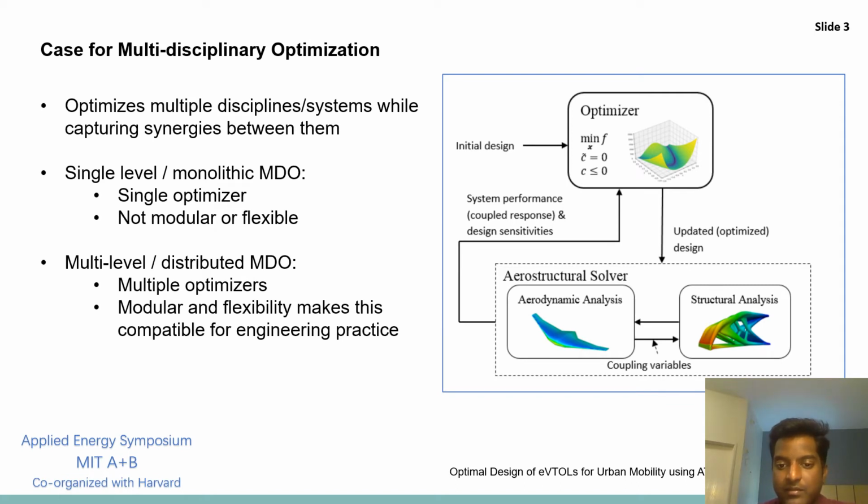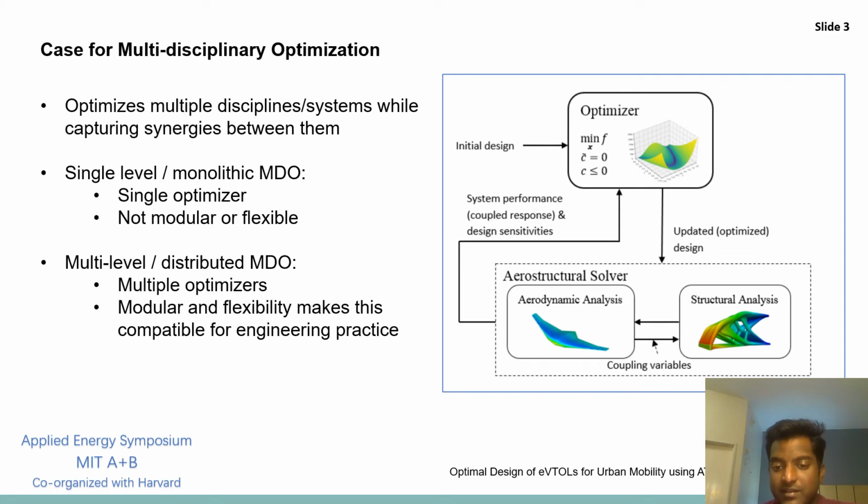So for calculating these objective functions, we need to perform two different kinds of analysis. The first one is the aerodynamic analysis, which takes in the shape of the wing and gives out the aerodynamic forces acting on the wing. On the other hand, we also need to perform a structural analysis, which takes in the forces acting on the wing and gives out the deformed shape of the wing.